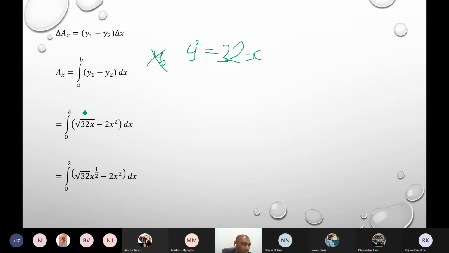That's how I got this part here for y1. If you simplify, you get this. Y2 is straightforward. Y2 is 2x squared. And then you need to integrate all of this now.